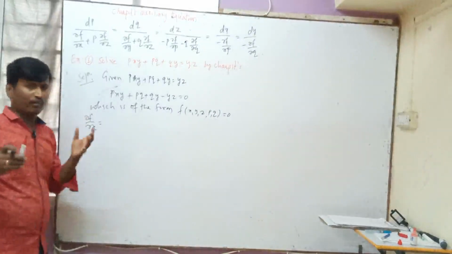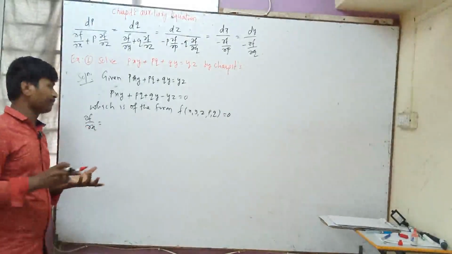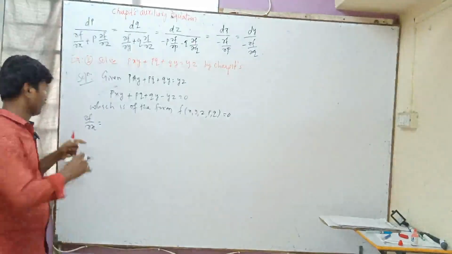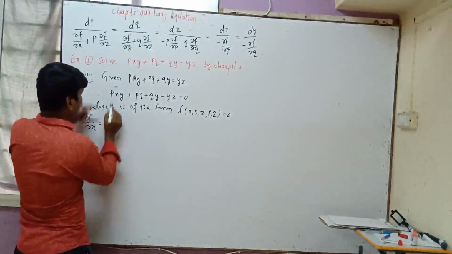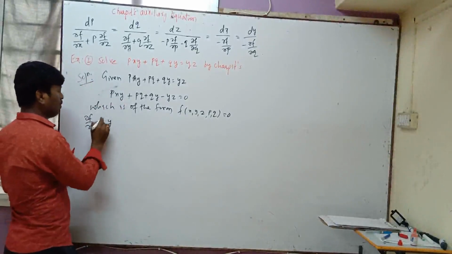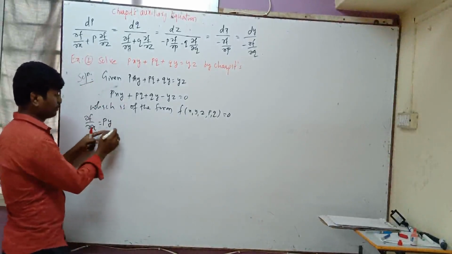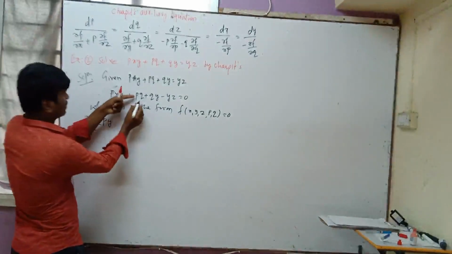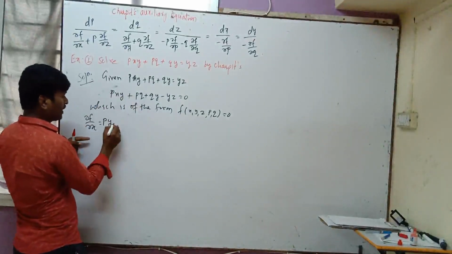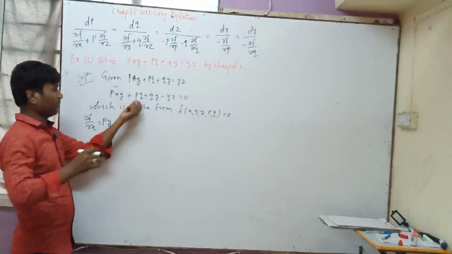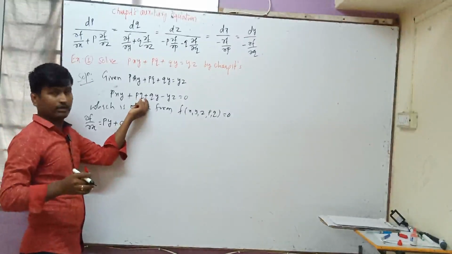You are already perfect in differentiation from PUC first year, and you are still studying derivatives. So with respect to x, p is constant, y is constant, and differentiation of x is 1. Therefore ∂f/∂x is py. The next term has no x, so it is 0, because this whole term is a constant term. p is constant, q is constant.